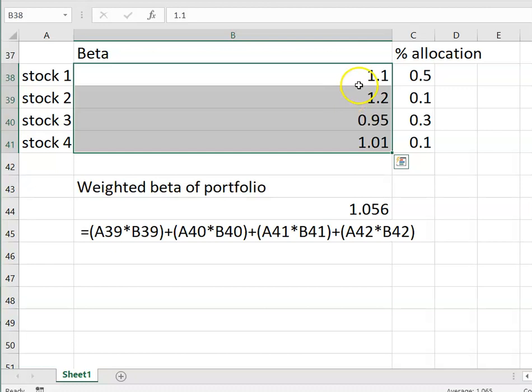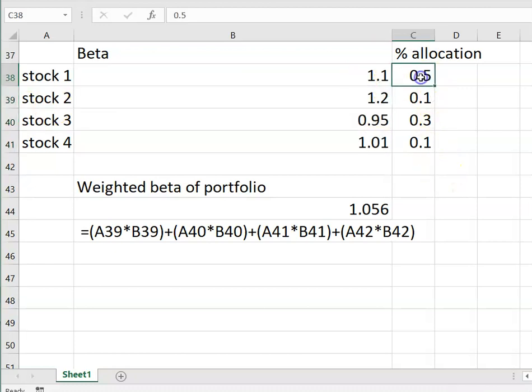So stock 1 has a beta of 1.1, stock 2 has a beta of 1.2. This is my allocation. So 50% of my portfolio is in stock 1, 10% in stock 2, 30% in stock 3, and 10% in stock 4. And I then want to calculate the weighted beta of the portfolio. So if this is what I've got, what's the beta of this portfolio?